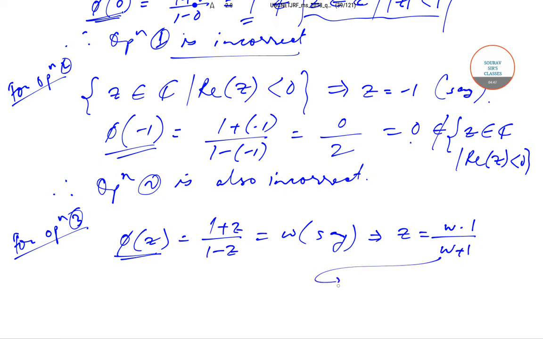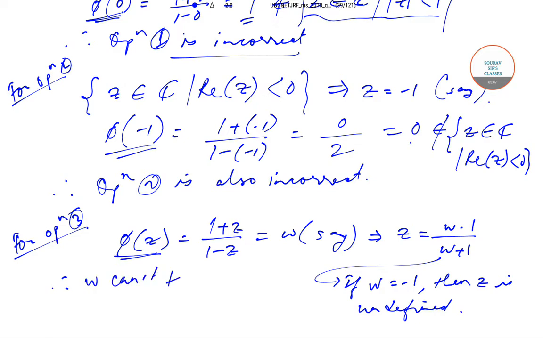Now if w is equal to minus 1, then z is undefined. Basically z will become infinity, which is not possible. So therefore w cannot take the value minus 1. So therefore we can say that phi of z is not onto.